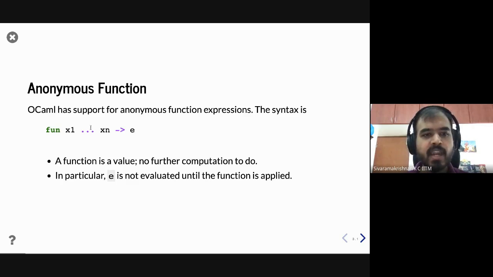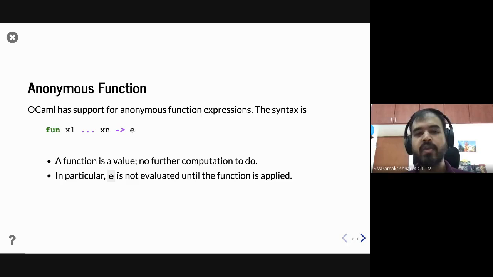When you define an anonymous function, it is just a value. There is no further computation to do. You don't start evaluating an anonymous function because you don't have the arguments to evaluate it, right? In particular, we can't evaluate E until all of these arguments are applied. This is just like what you would have in C, right? You define a function, that's just a thing.